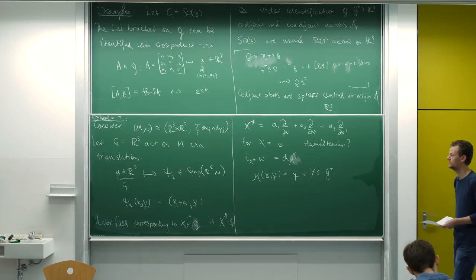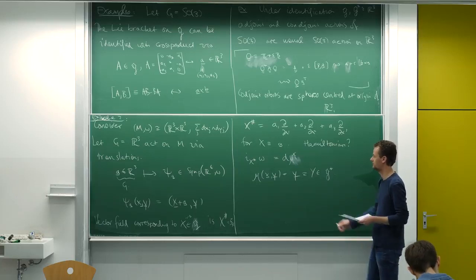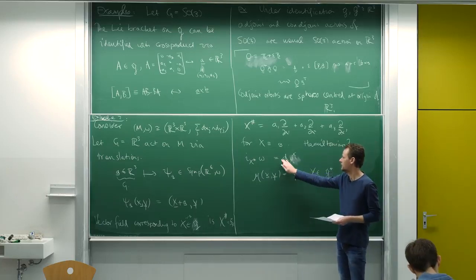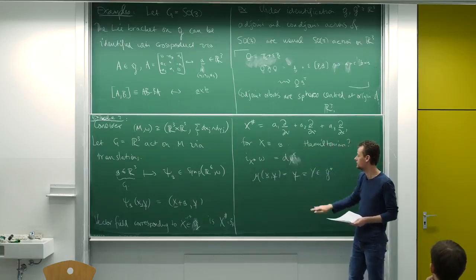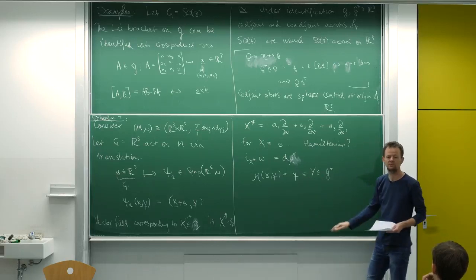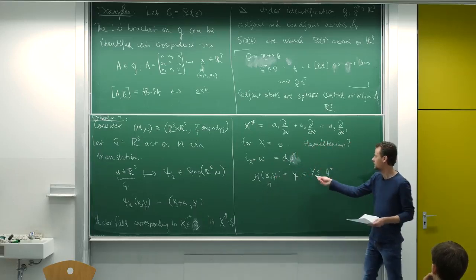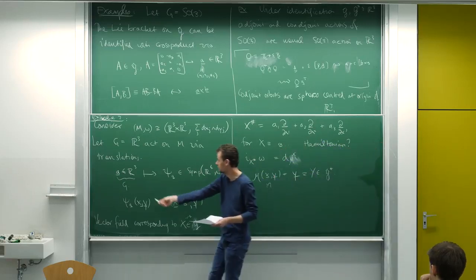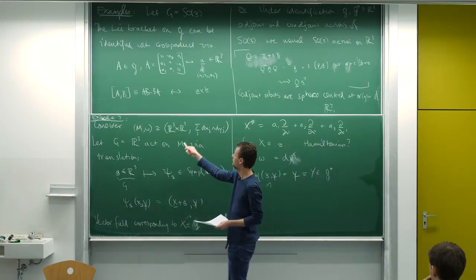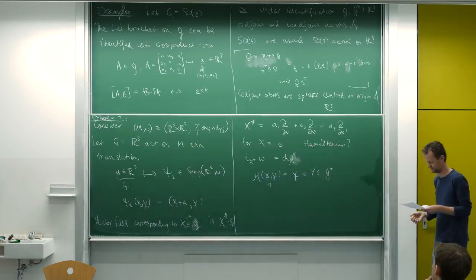So mu, the moment map that does this, that allows us to write this one form as an exterior derivative of some function, is this one here. So mu takes a point in the manifold M and hands us back y, and y is identified with this map here, with an element of the dual Lie algebra like that.